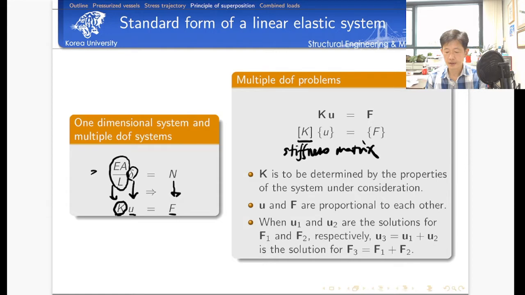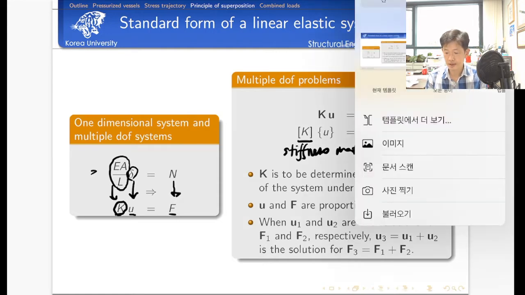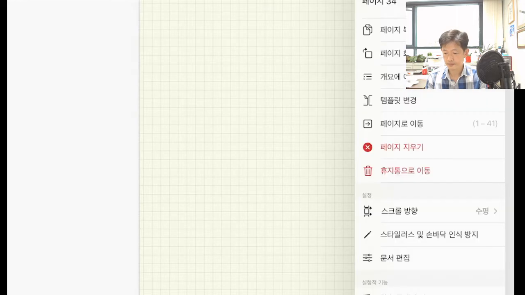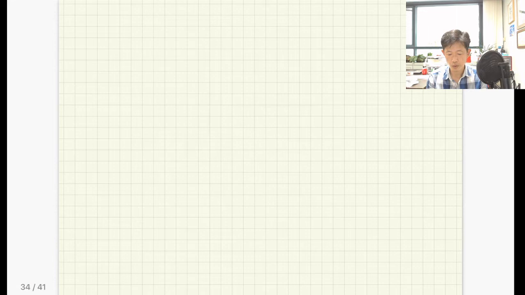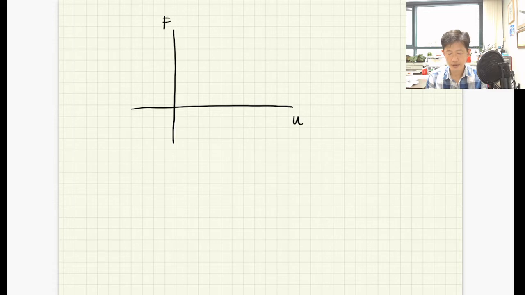So let's consider I have a linear elastic system. Here I have displacement and then force as a consequence. And this is the behavior of my structure, and its modulus can be measured by the spring modulus here.